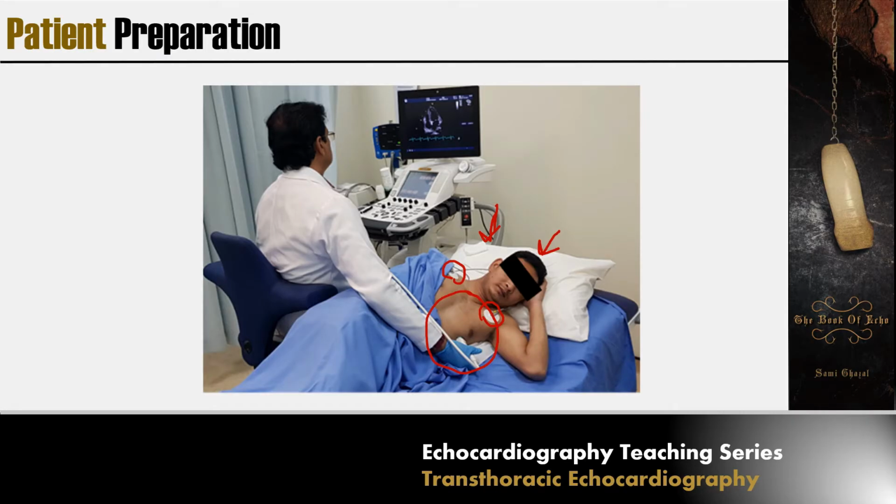The sonographer will be situated on the right side of the patient. This is usual, and sometimes if the sonographer is left-handed, the sonographer and the machine can be placed on the left side of the patient. The most important thing is to assure comfort for both patient and sonographer, because this study can be as long as 1 hour.